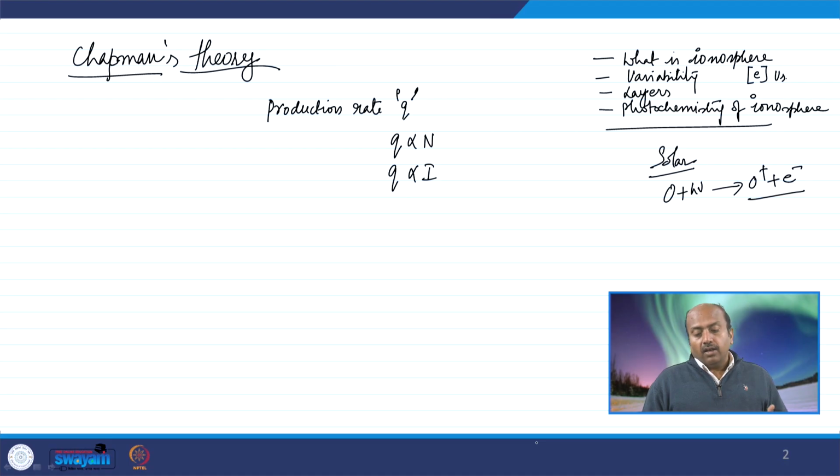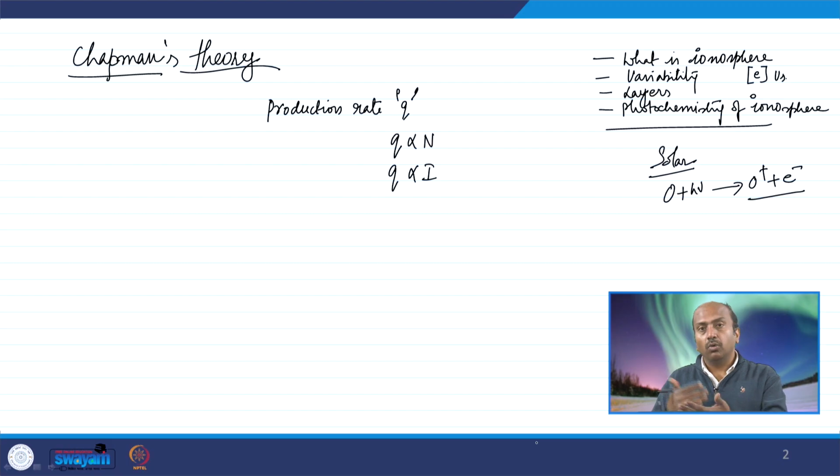Let us say if there are 100 photons and 100 atoms, you can produce more electrons if there are more photons. But if there are more photons and not many neutral species which can be ionized, then obviously the total number of electrons produced will depend on the number of neutral species available.